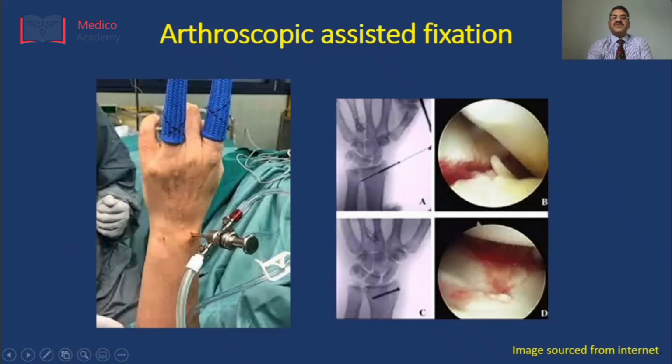Some orthopedic surgeons prefer to use it routinely, but it is not very commonly used. And there is no long-term evidence to suggest that it adds appreciably to the final outcome.